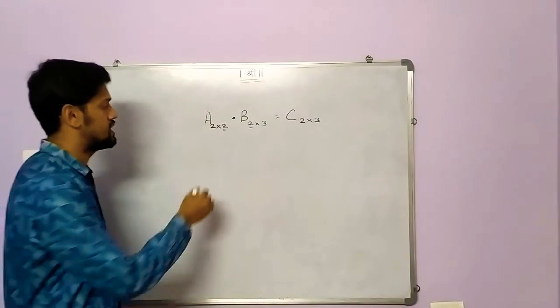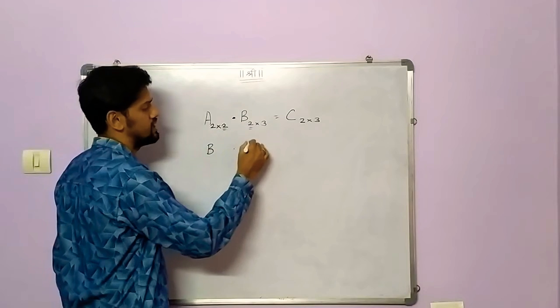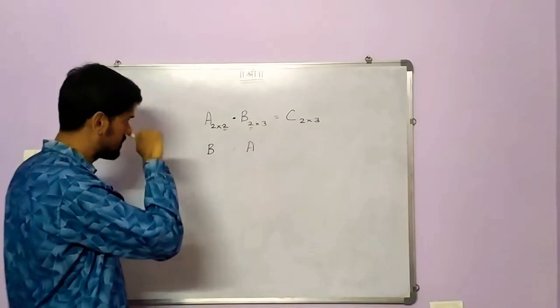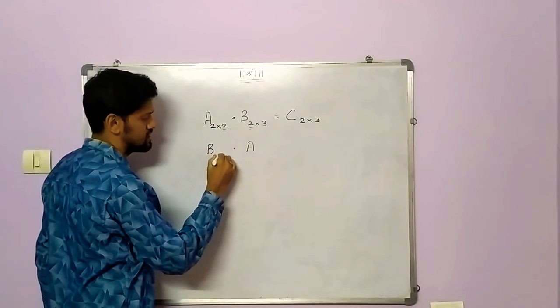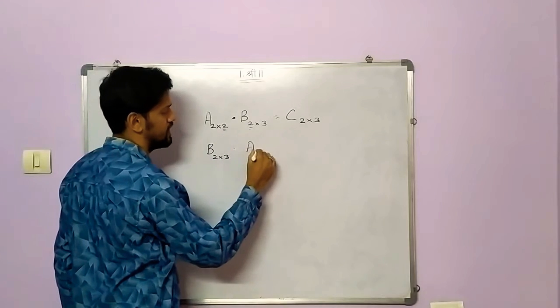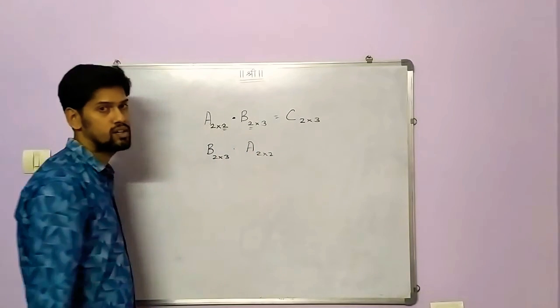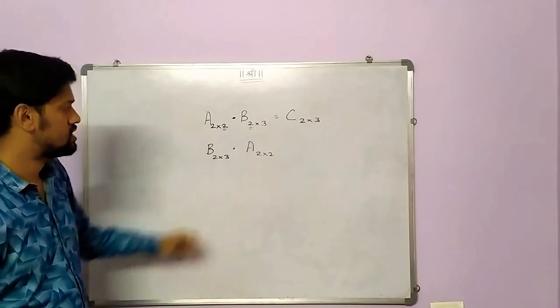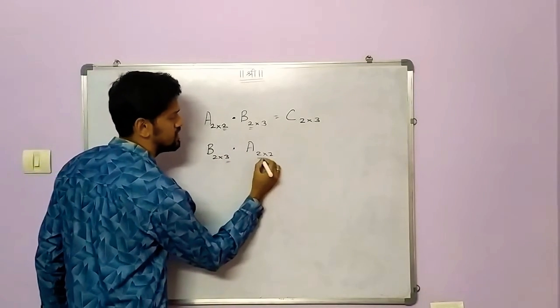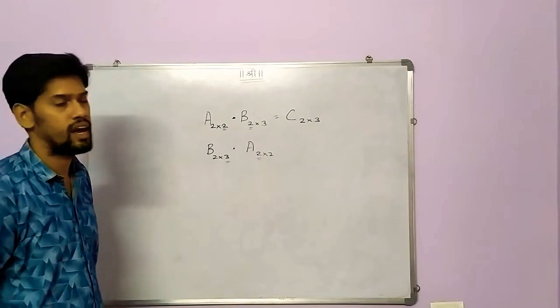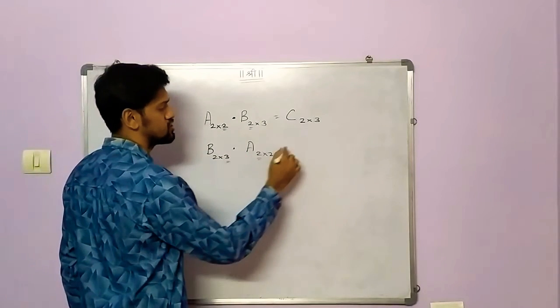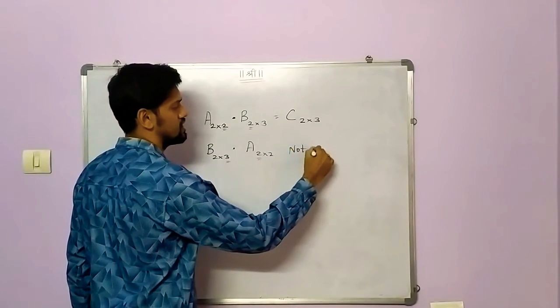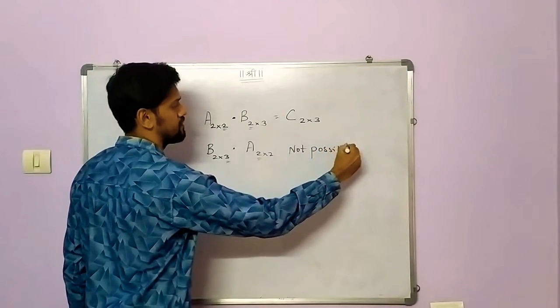Now if we try to multiply B into A, the order of B is 2 by 3 and the order of A is 2 by 2. We will check if the multiplication is possible. You observe here, this is 3 and this is 2. Hence, the multiplication of these two matrices is not possible.